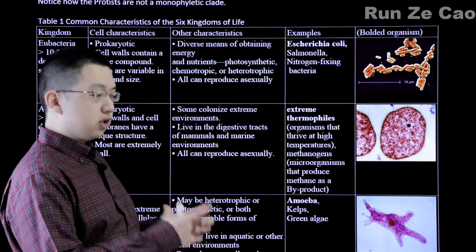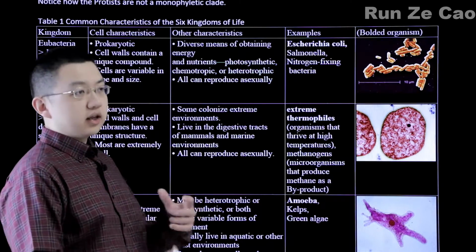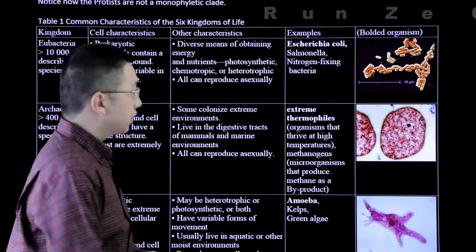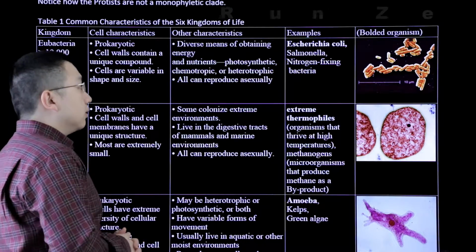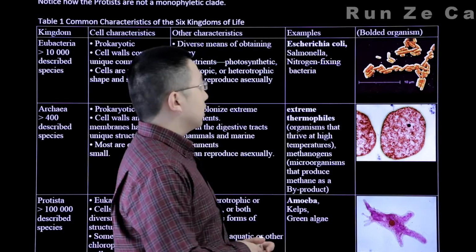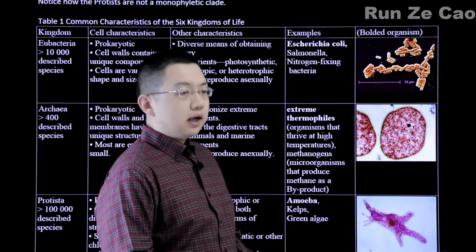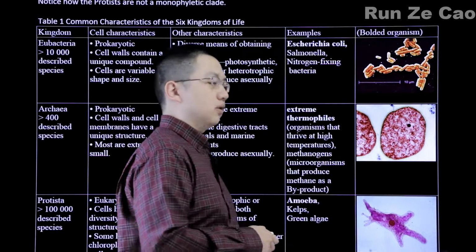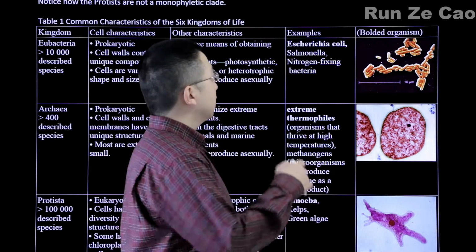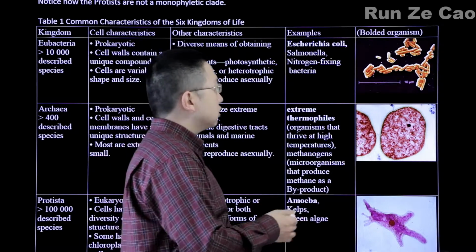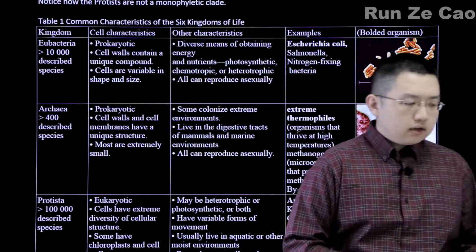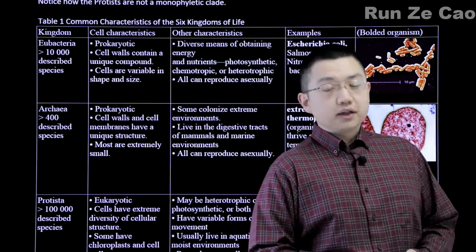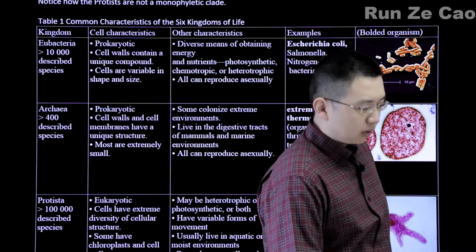We have traded genome pieces, or at least traded it, given it one way. Now, examples are, say, Escherichia coli, or E. coli, one of the most common denizens of our large intestines. There's Salmonella, there's nitrogen-fixing bacteria. There's actually quite a number of groups in eubacteria, which will be covered in more detail later.